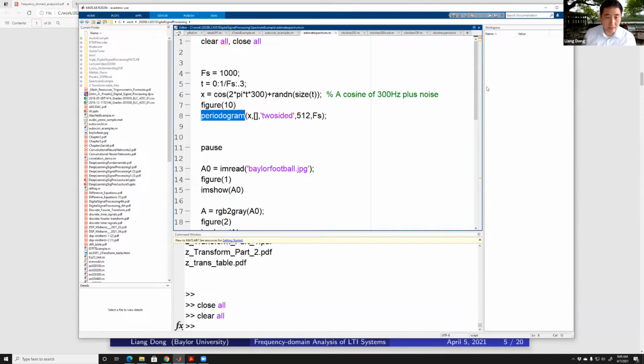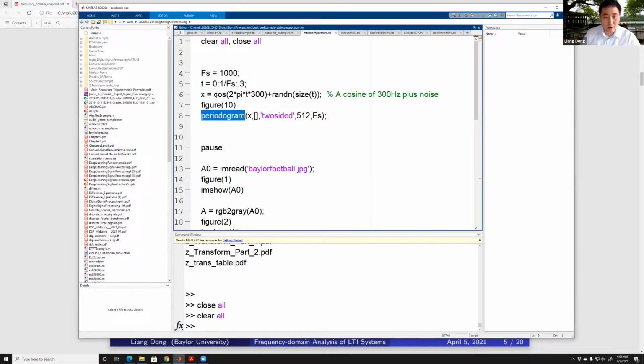This example is very simple. I have a sampling frequency of 1000 Hertz. T is the timestamps from 0 to 0.3 second, where the step size is 1/1000. So the period is 1/1000, 1 millisecond is the step size.